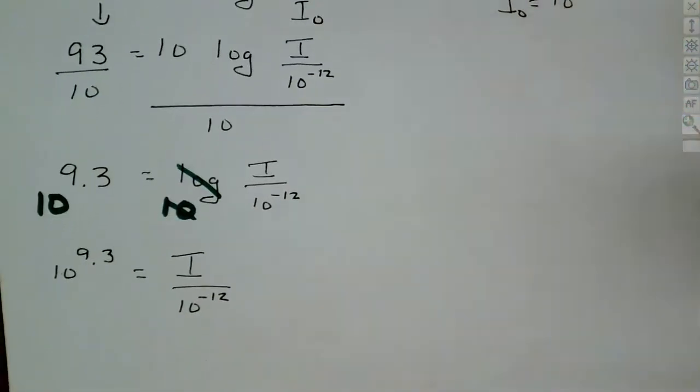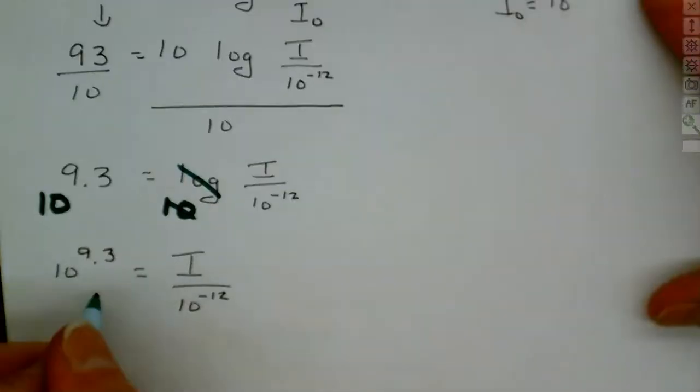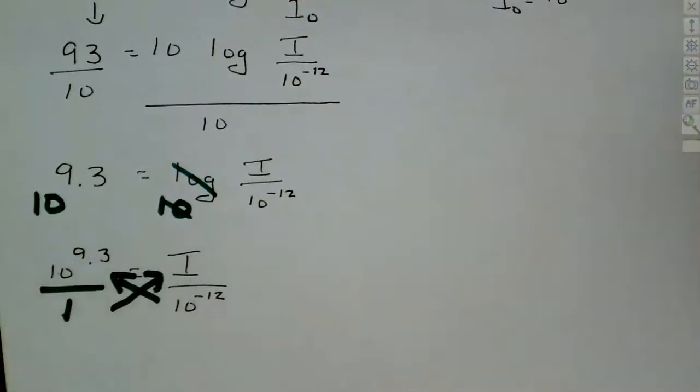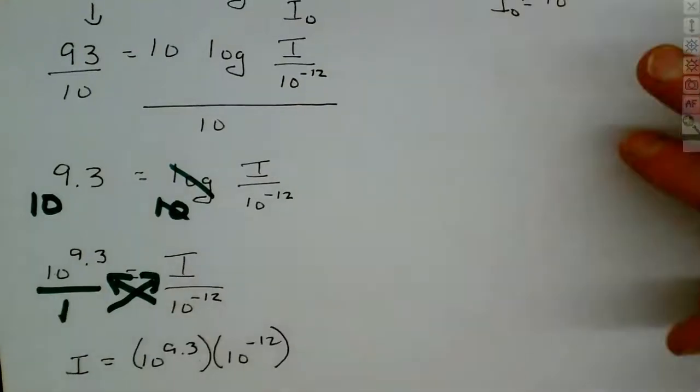We're not going to break it down just yet. What we're going to do is cross multiply, and then we're going to use our rules of exponents. So we're going to go ahead and cross multiply here. And when we cross multiply, that gives you I equals 10 to the 9.3 power times 10 to the negative 12th power.